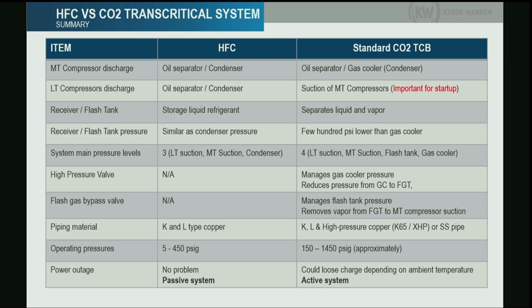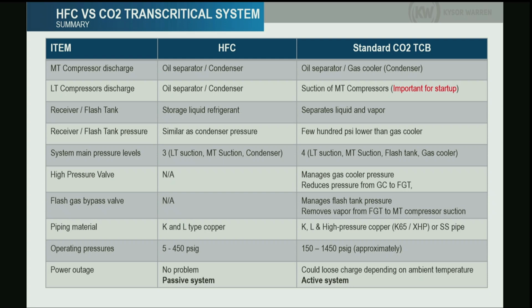With that, now we see the next line, which says how many pressure levels you have in your system. In HFCs, you normally have only 3: low temperature suction, medium temperature suction, and condenser. That's all. With CO2, in addition to those 3, we need to add the flash tank pressure. You will have 4 different pressure levels that you will need to be checking.